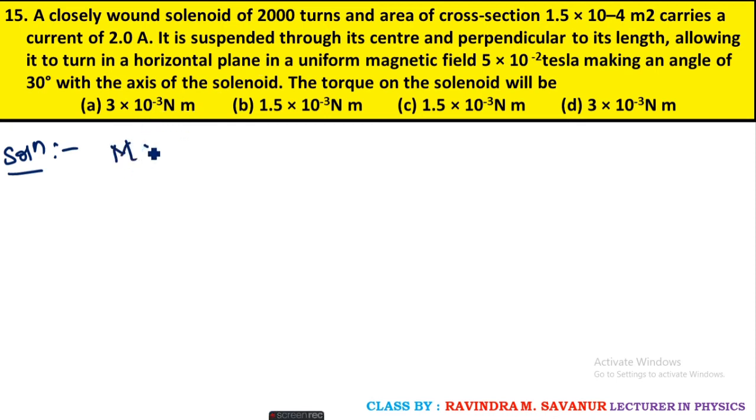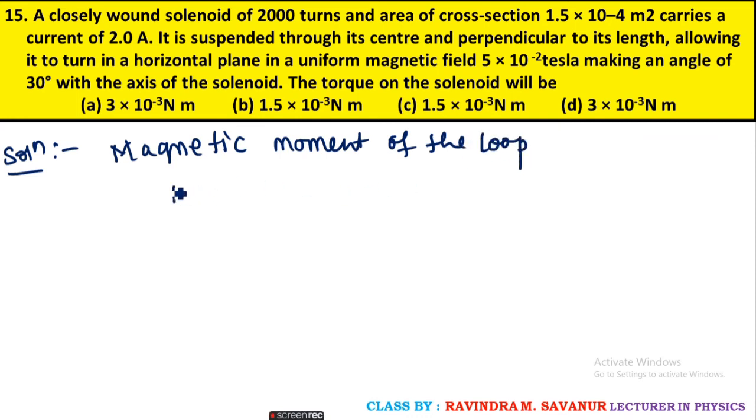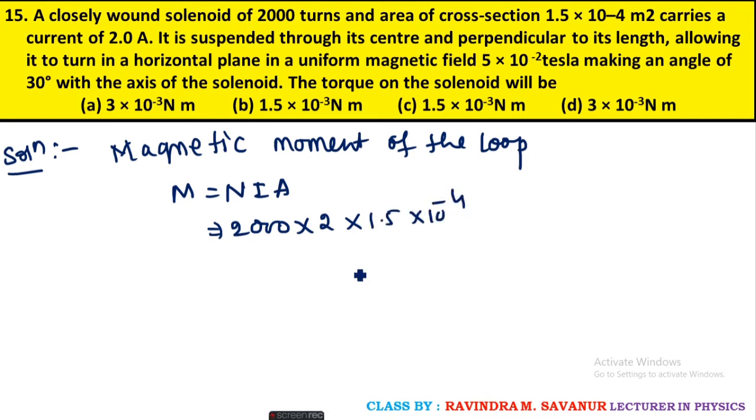So this is a problem based upon the magnetic moment of the loop, it is m equals to NiA. Here the number of turns is 2000, current is 2 ampere and area is 1.5 into 10 to the power of minus 4.